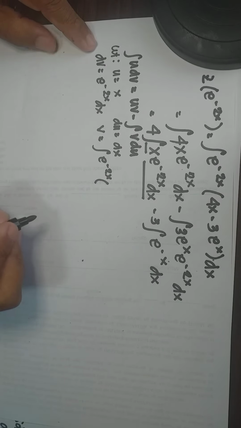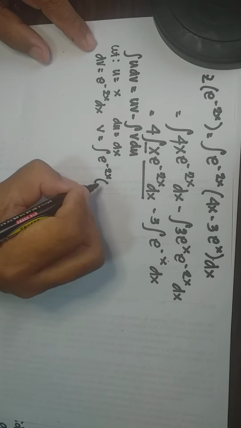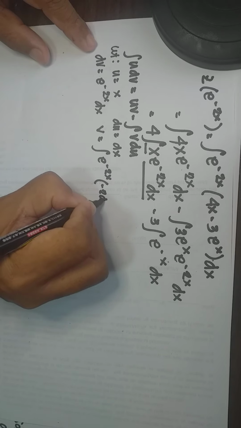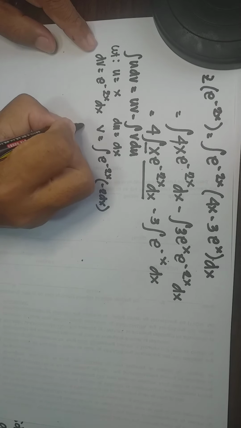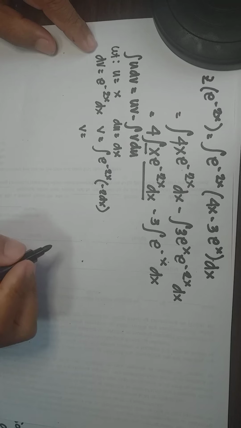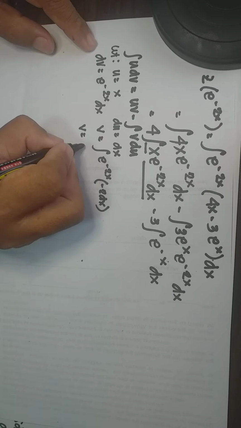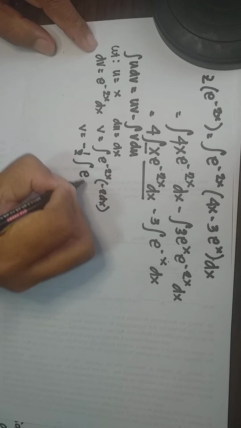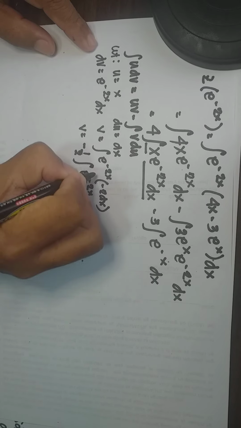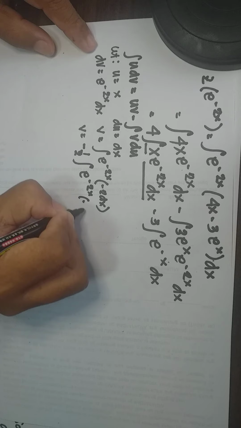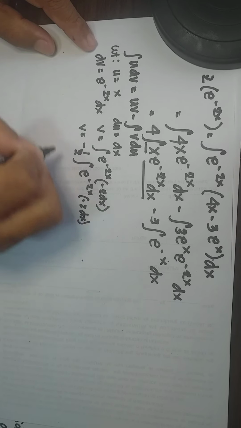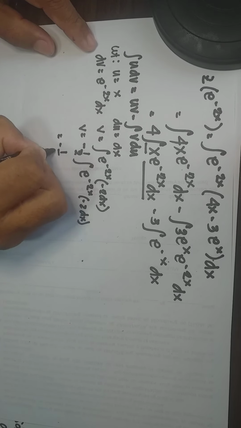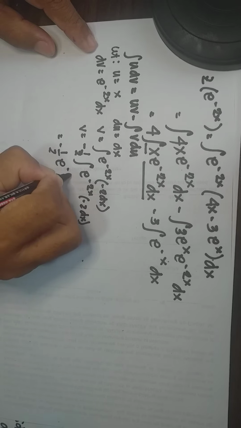Your u is negative 2x, and the derivative of that is negative 2 dx. So v is equal to, we have to introduce negative 1/2, the integral of e to the negative 2x, negative 2 dx, or this is negative 1/2 e to the negative 2x.